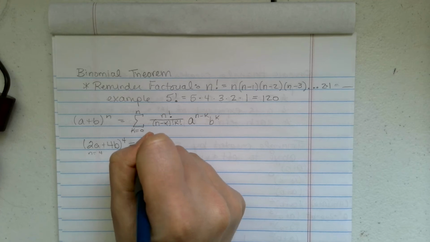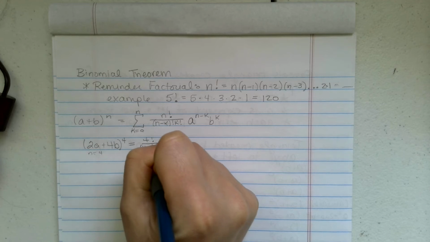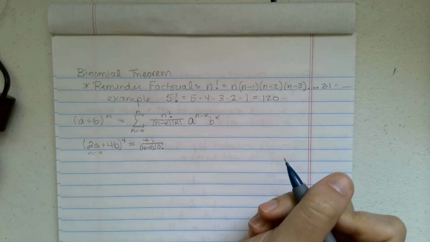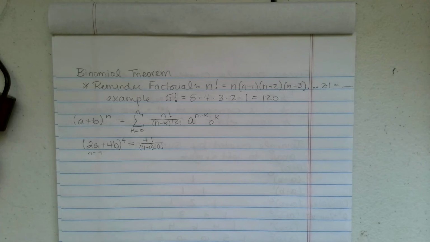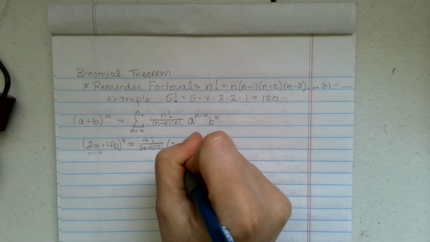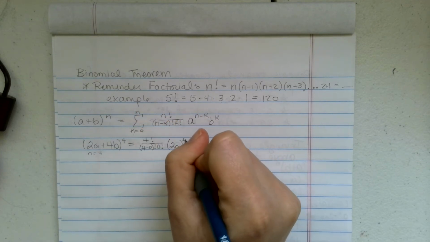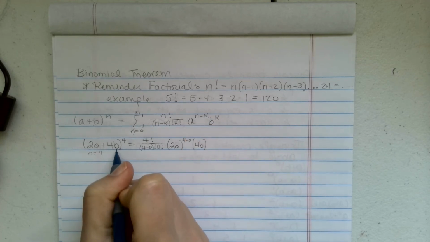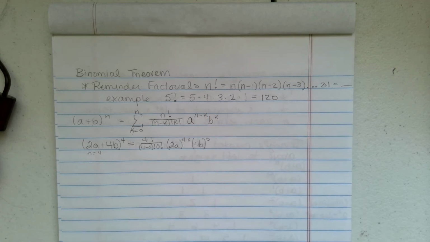So for our first term, we get 4 factorial over 4 minus 0 factorial, 0 factorial. Then we have 2a instead of just a, to the n minus k, or 4 minus 0, and 4b instead of just b, to the k, which is 0. That would be our first term.